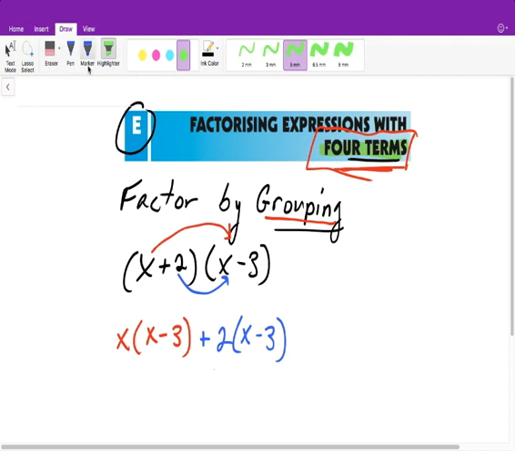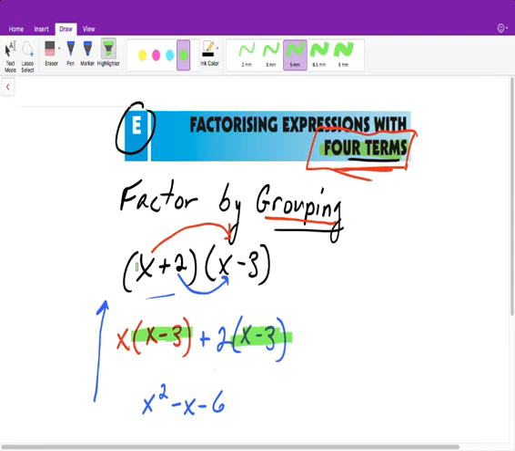The reason I wanted to show you what it looks like when we're multiplying through is that when we factor by grouping, we're working in reverse. That's as if we were starting with the problem x squared minus x minus 6 and trying to figure out what we multiplied together. When we factor by grouping, we have to have a term being multiplied by a binomial and then another term being multiplied by the same binomial.